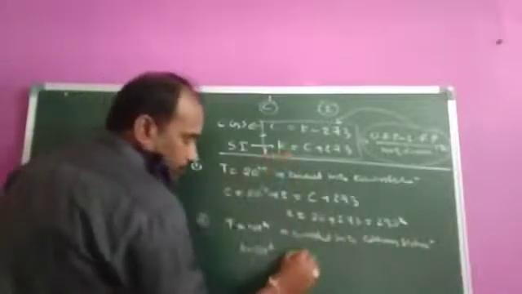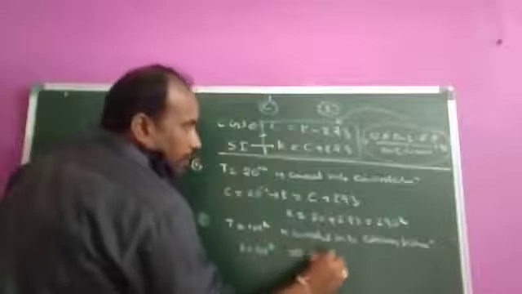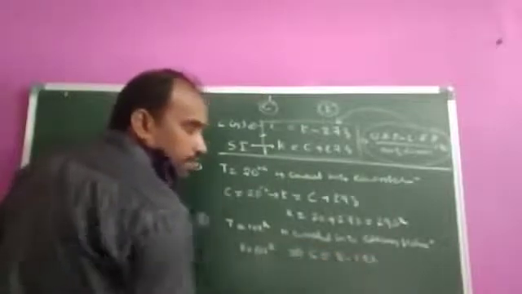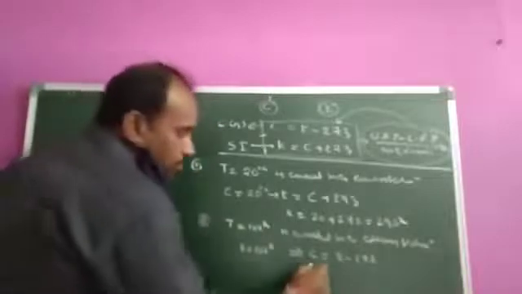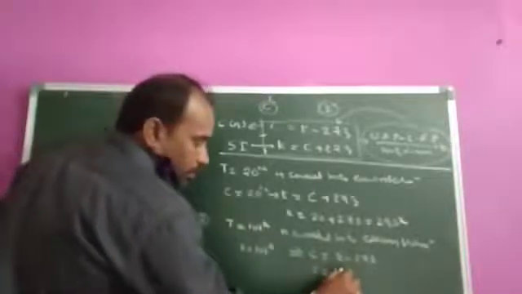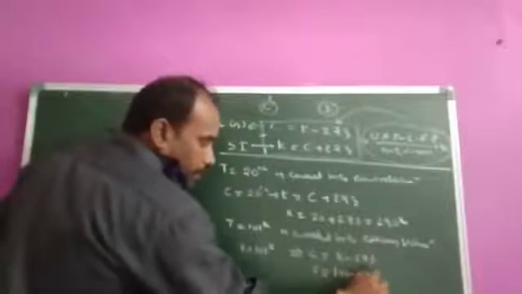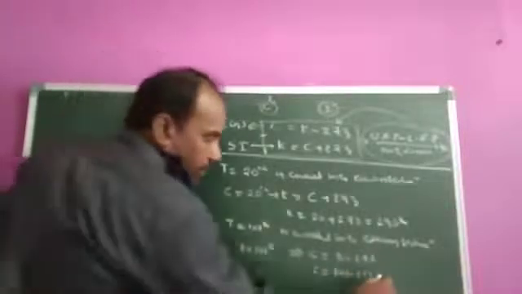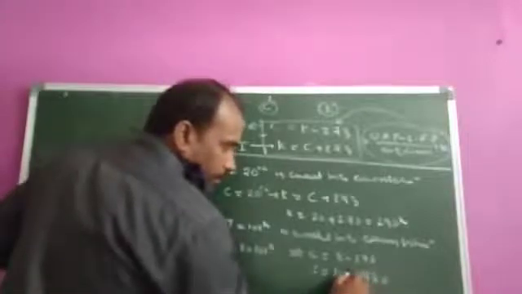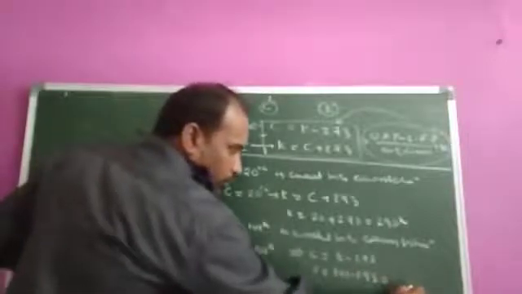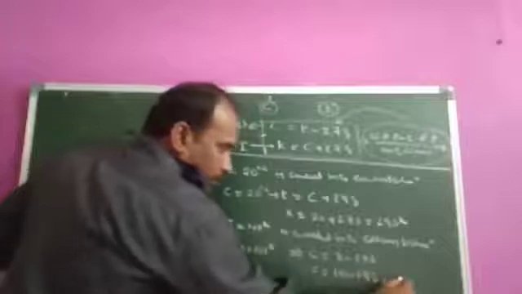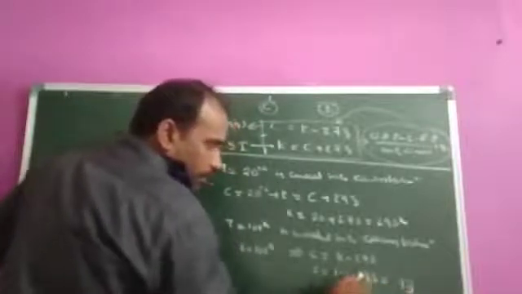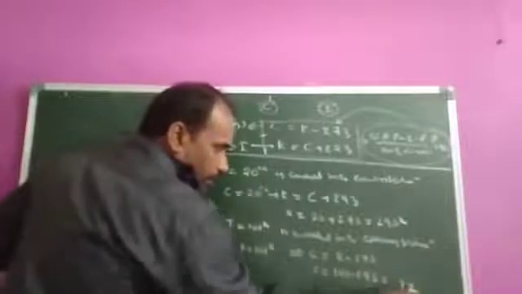Do you want Celsius? That implies, what is the formula? C is equal to K minus 273. So C is equal to 101 minus 273. So what do we get? 3 minus 1 is 2. 7 minus 0 is 7.